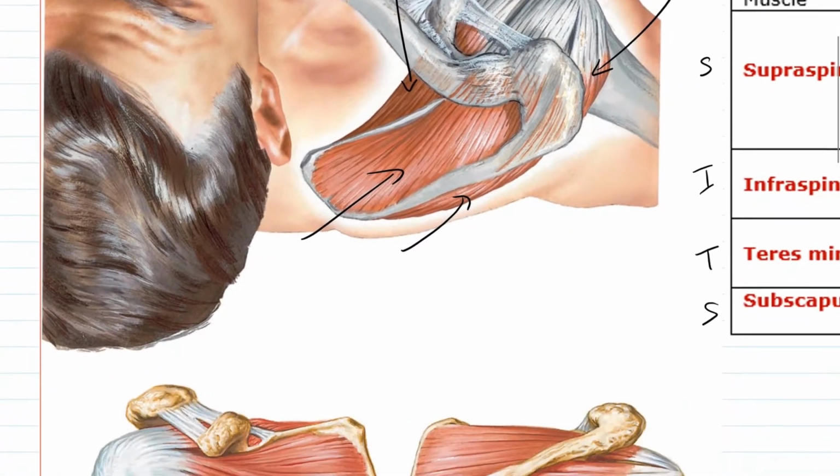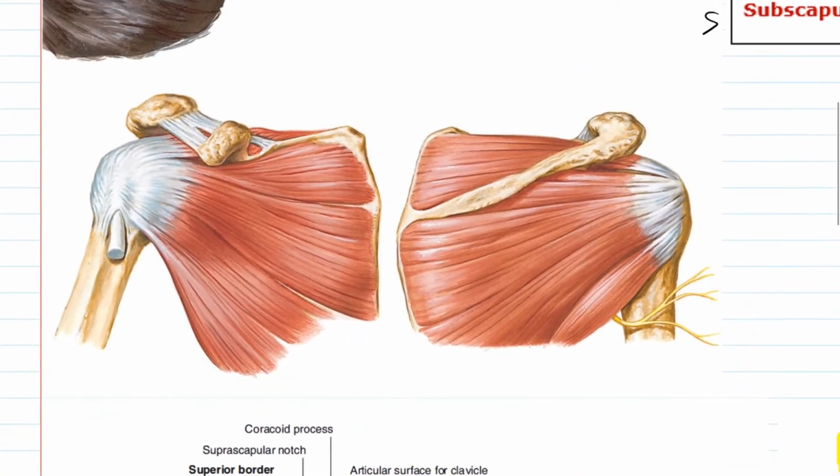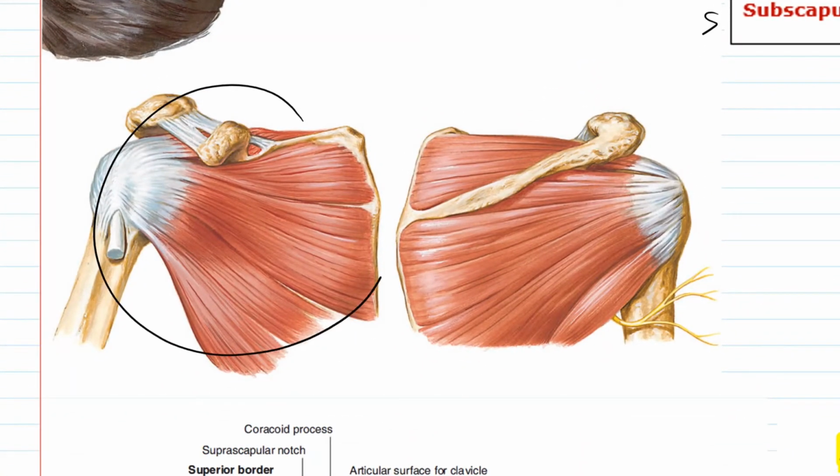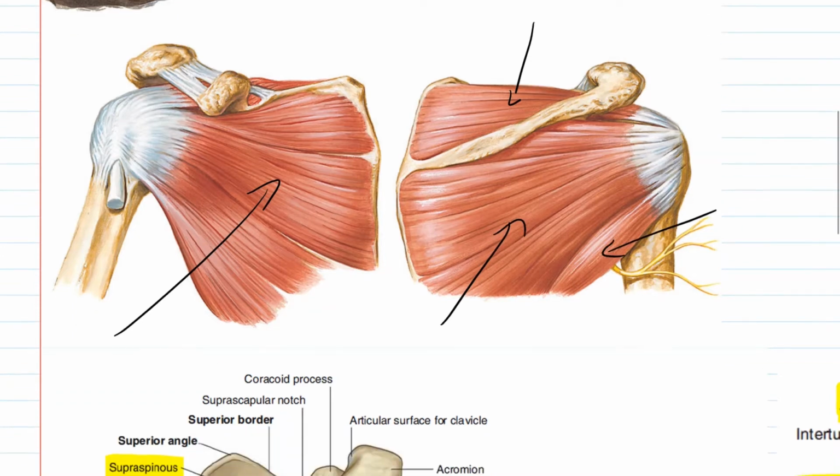I'm going to show these four muscles once again from a different angle. This one right here is the anterior view, and we see here the subscapularis muscle. In here is the supraspinatus, infraspinatus, teres minor.